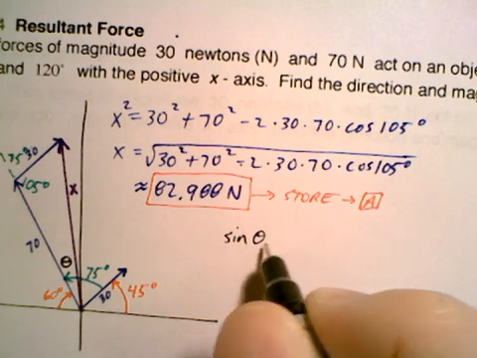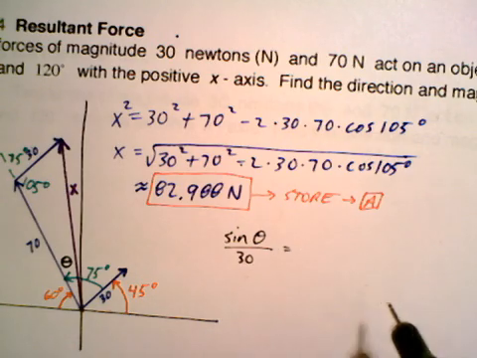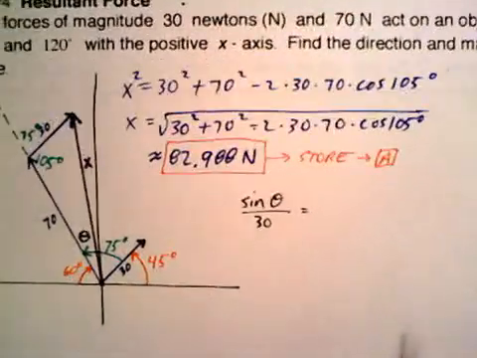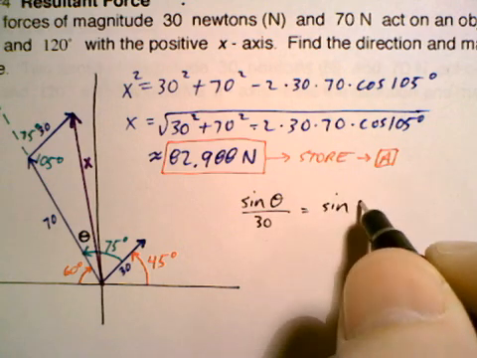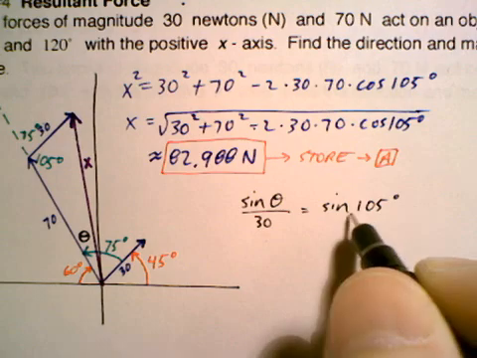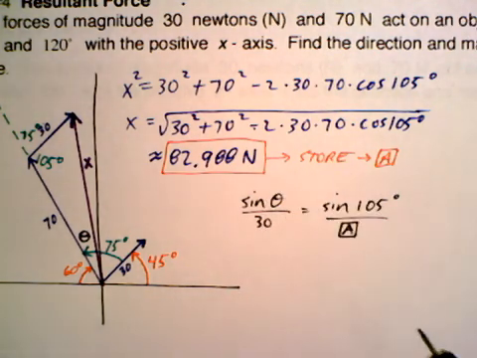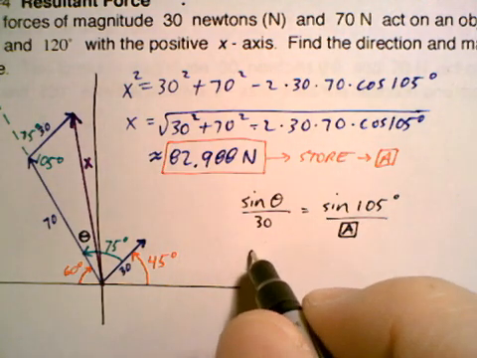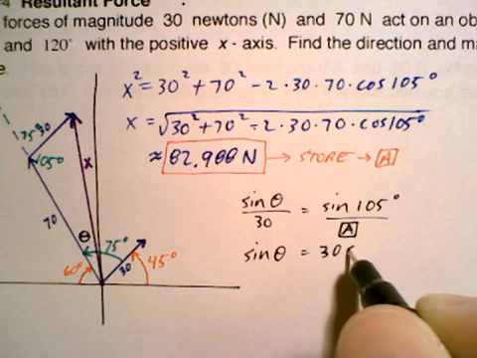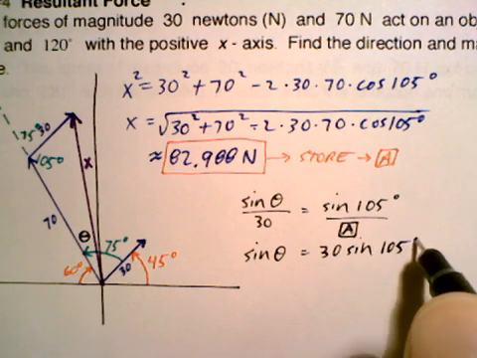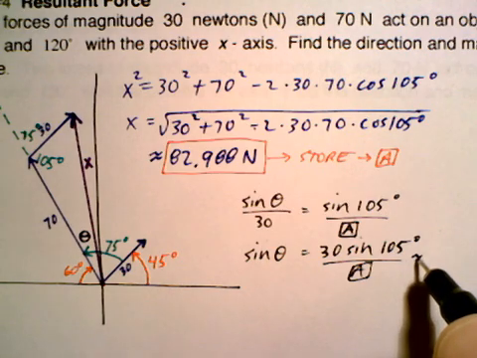The sine of the angle theta divided by the length of the opposite side, 30, is equal to the sine of the 105 degrees divided by, I'm just going to write A, because I already defined that A was my length of the vector. And then the sine of theta is equal to 30 times the sine of 105 divided by A. And let's just make a quick calculation here.